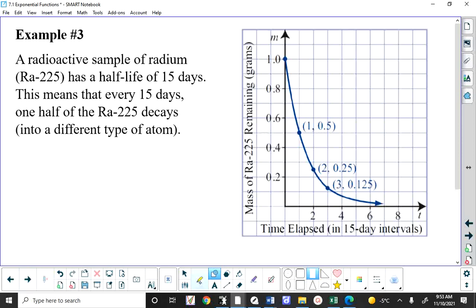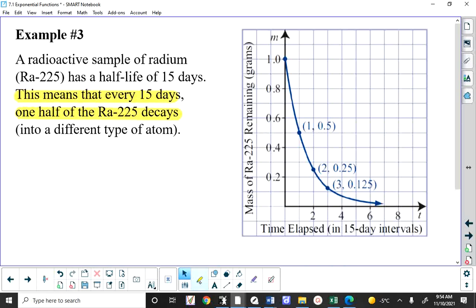What that means when we say the half-life is 15 days is every 15 days you're going to have half as much remaining as you had at the beginning of the 15 days. And you can even see that by looking at the graph.